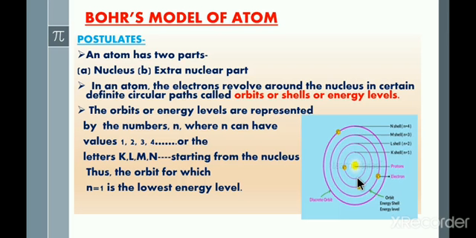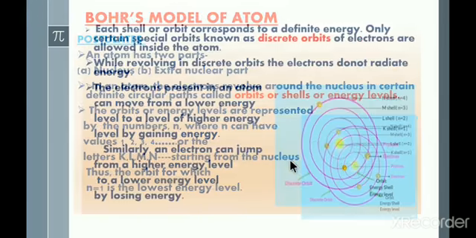Means the first shell, which is closest to the nucleus, will be known as the K shell and it has n equal to 1, followed by L shell, M shell and N shell respectively. So the orbit for which n is equal to 1 is the lowest energy level.